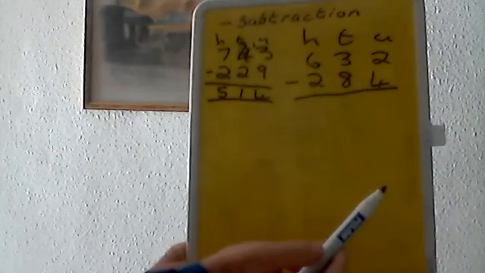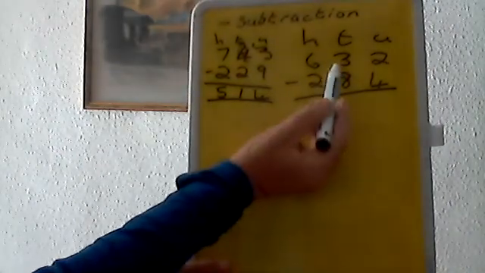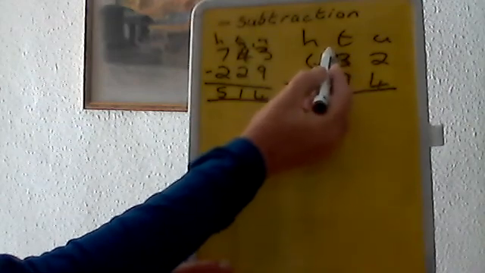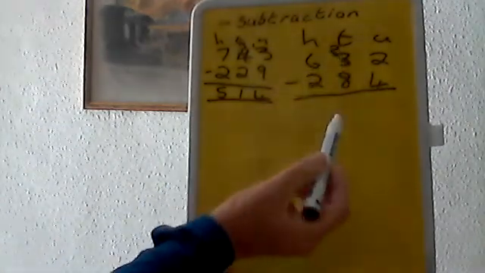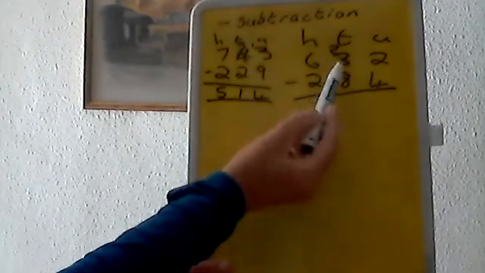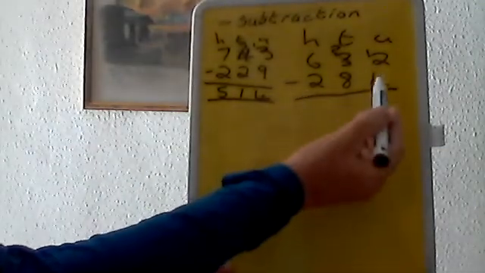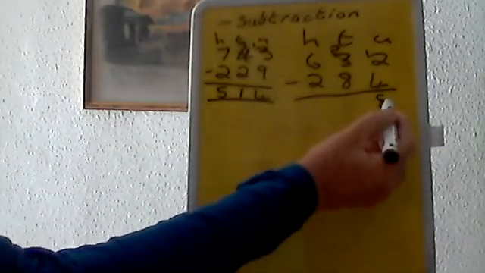Can't do it. So I've got 3 tens there. I'm going to put a nice 2 because I've only got 2 tens there. I've got 1 and I'm putting it over here. That 10 has gone over there to make the 2 a 12. So I've got 12 minus 4 is 8.